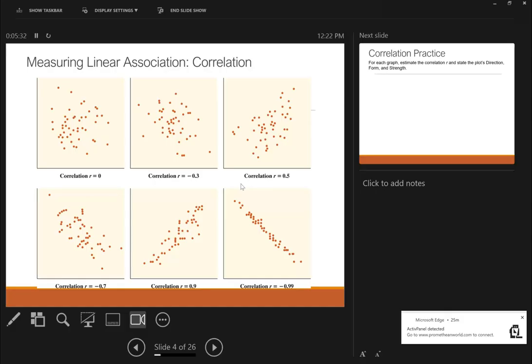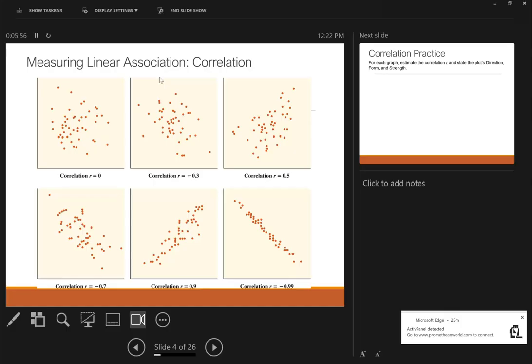So what I've given you here are 6 scatter plots, and I've written in the correlation approximately for each of them. The first scatter plot is 0 because it just looks like a random blob of stuff.